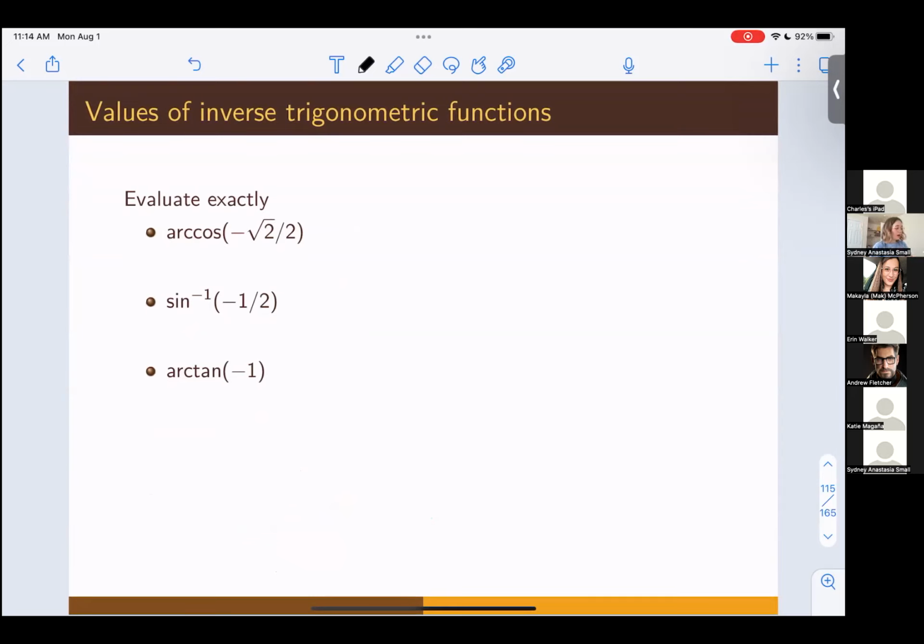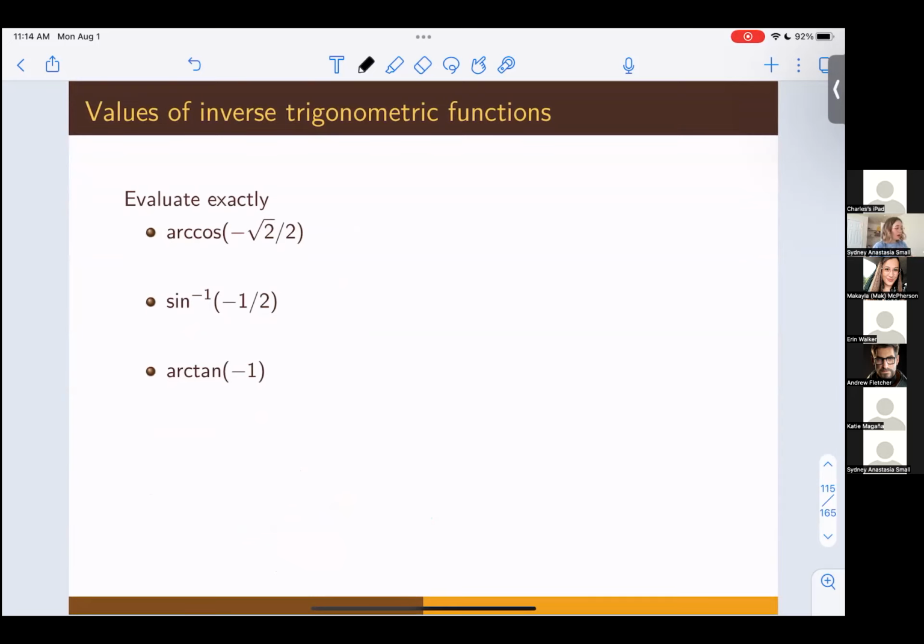And then once we have those quadrants, we want to think about where in these quadrants, or where in this region, does blank evaluate to blank.